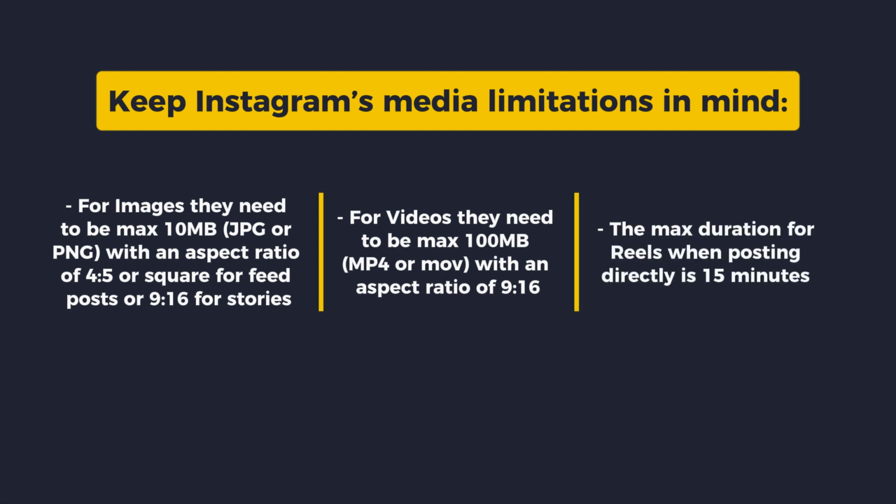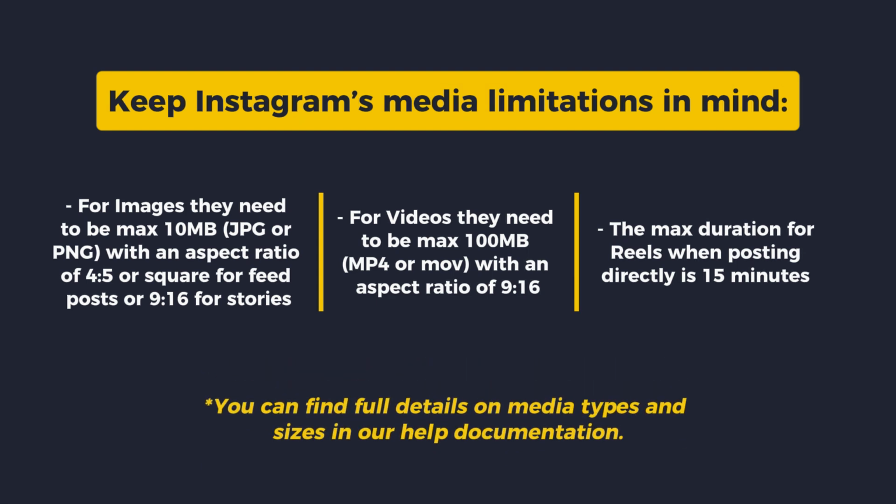The maximum duration for Reels when posting directly is currently 15 minutes. You can find the full details on media types and sizes in our help documentation listed in the description of this video. Oh, and by the way, you can use SocialBee's grid preview to get a visual layout of your upcoming Instagram posts, perfect for planning an aesthetic profile.